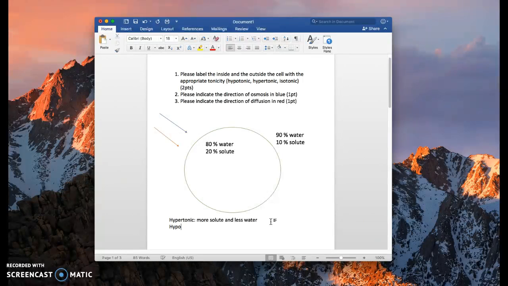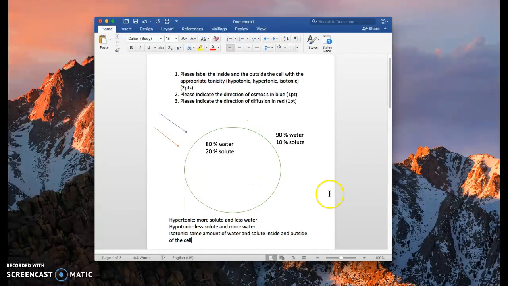And hypotonic is less solute and more water. And then, of course, isotonic is the same amount of water and solute inside and outside of the cell.